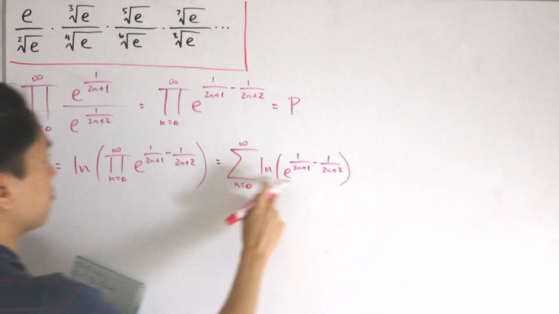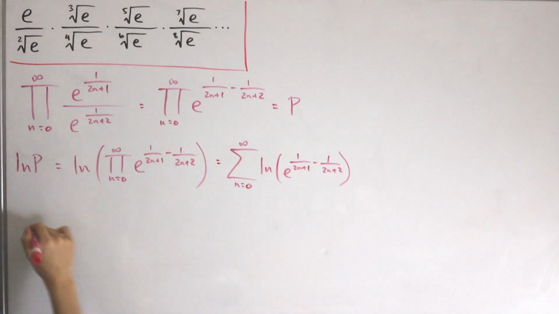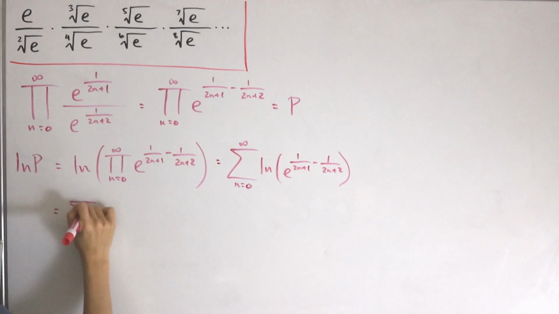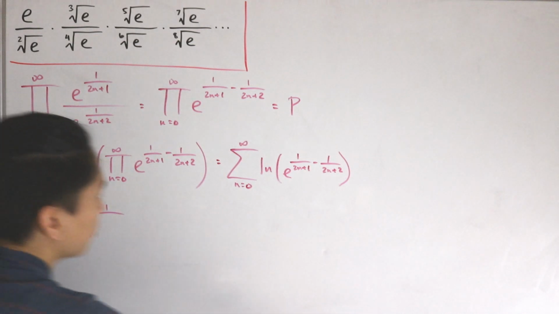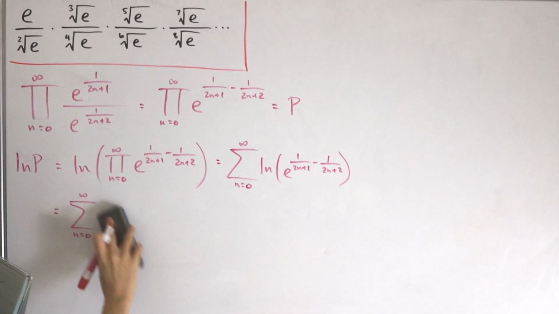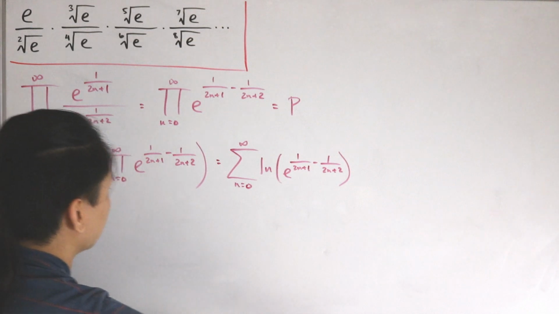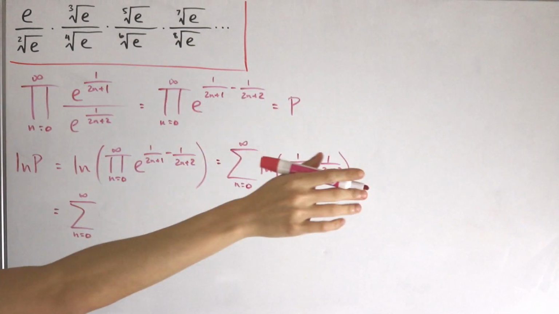Then ln of e cancels out and we're just left with the exponent. So now we have the infinite sum, n equal to 0, of 1 divided by 2n plus 1 minus 1 divided by 2n plus 2. Let me put this in parentheses since we're splitting this up, so as not to cause confusion.